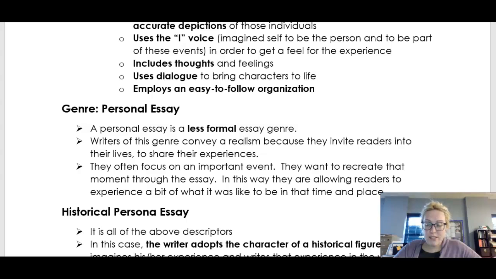So maybe Edison, when we're talking about the light bulb: how did that one event and his struggle to get that to work, and go through that experience, maybe talking to a person about why he doesn't think it's going to work, and really get us into the life of that person during that particular time in their life. And then later on in the essay, reflecting on how that was so important and determining the direction of their life.